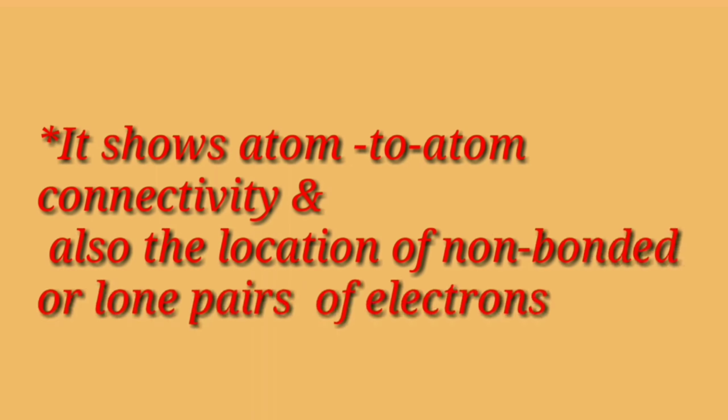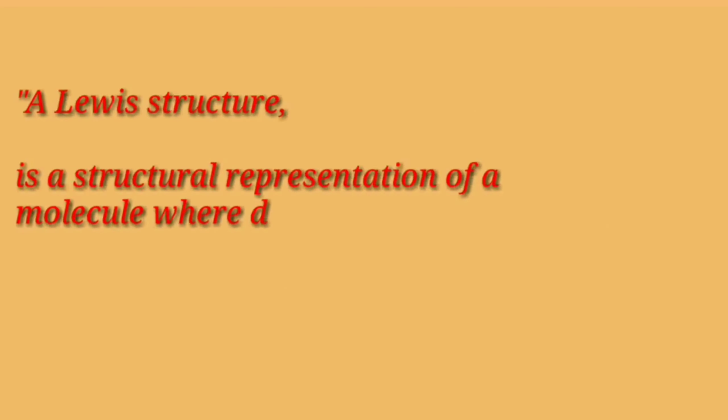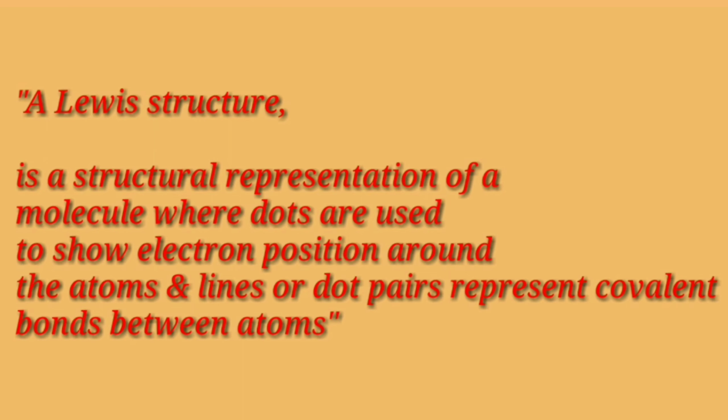Bonding electrons are represented by dots or a dash, while lone pair of electrons are shown by dots. So students, we can say that a Lewis structure is a structural representation of a molecule where dots are used to show electron position around the atoms and lines or dot pairs represent covalent bond between atoms.